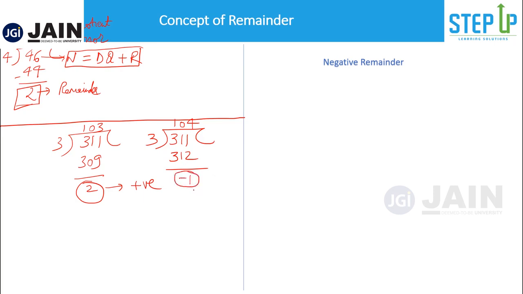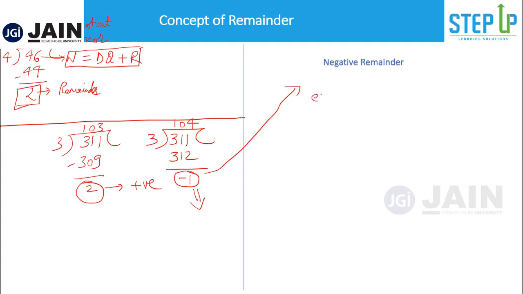I know that a lot of you may not be familiar with this, but this is what I want to introduce you to, the negative remainder. While the remainder is 2 when you took one multiple less, here you took one multiple ahead and what you got is -1.